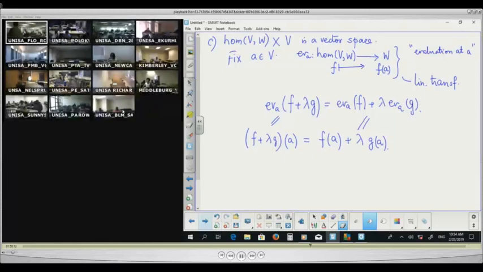As if the definitions were tailor-made to make this. So evaluation at A turns out to be a linear transformation. We call this map the evaluation at A.